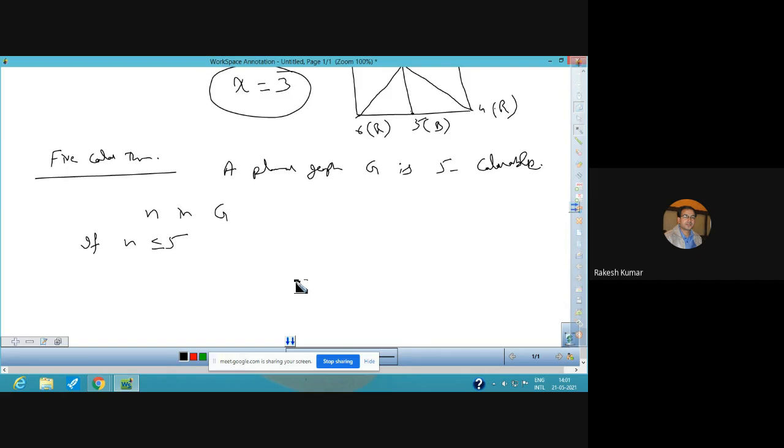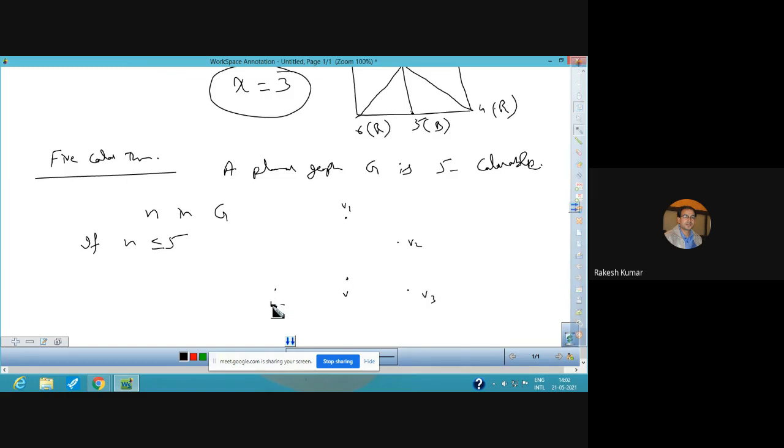Then the theorem obviously holds since the graph is 5-colorable. Just see how. Suppose we have a figure. This is the vertex V1. This is the vertex V2. This is vertex V, and this is V3.